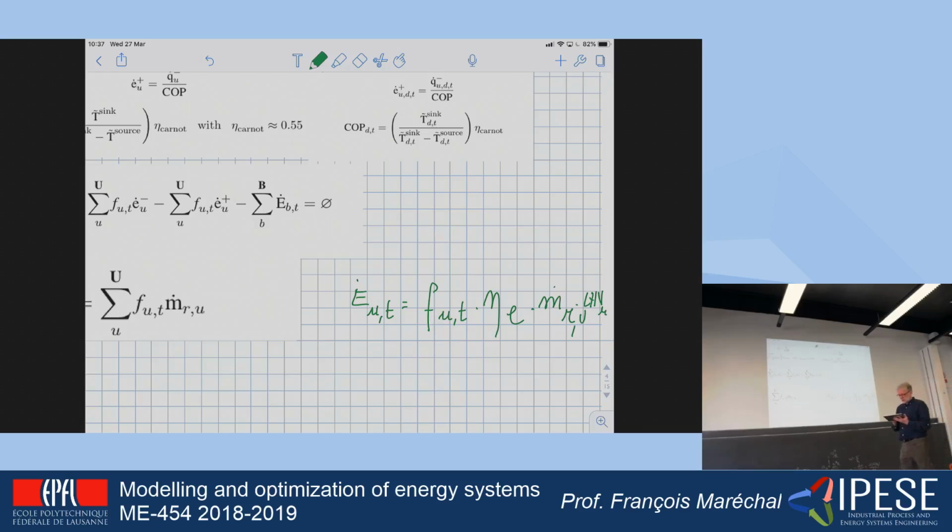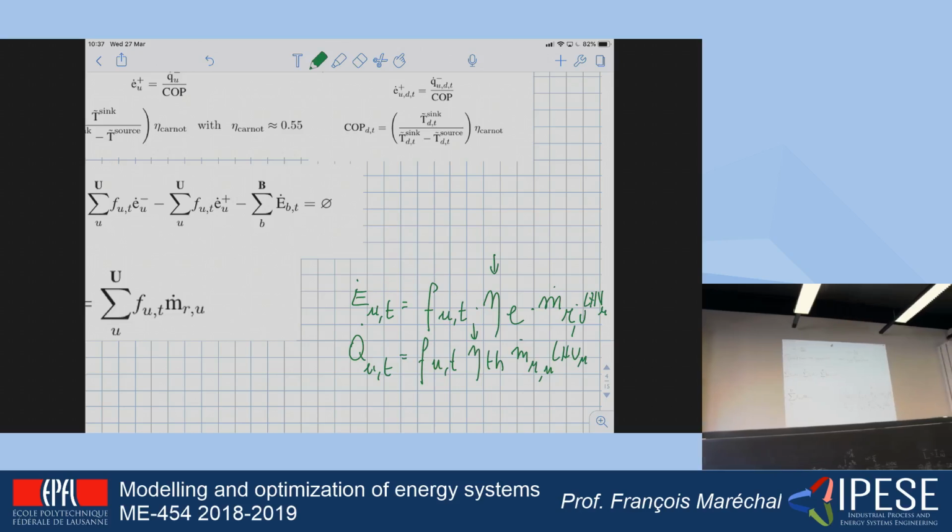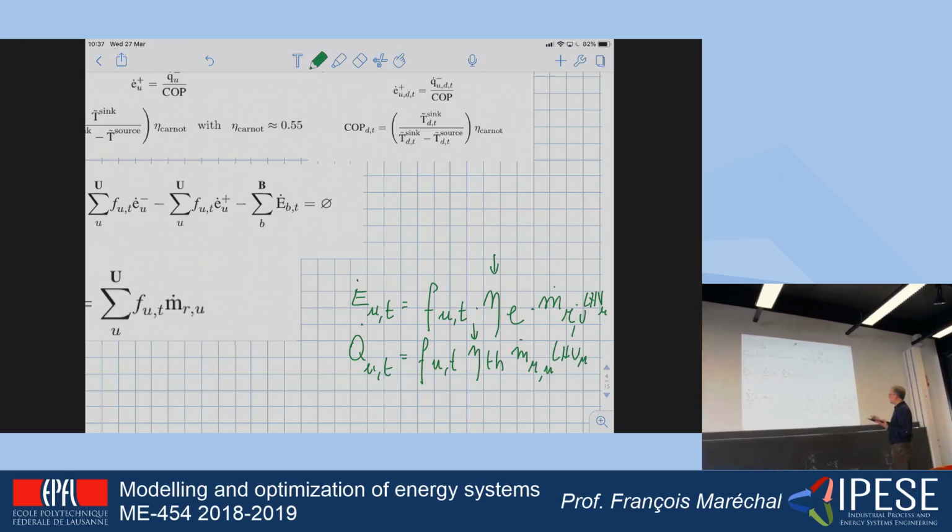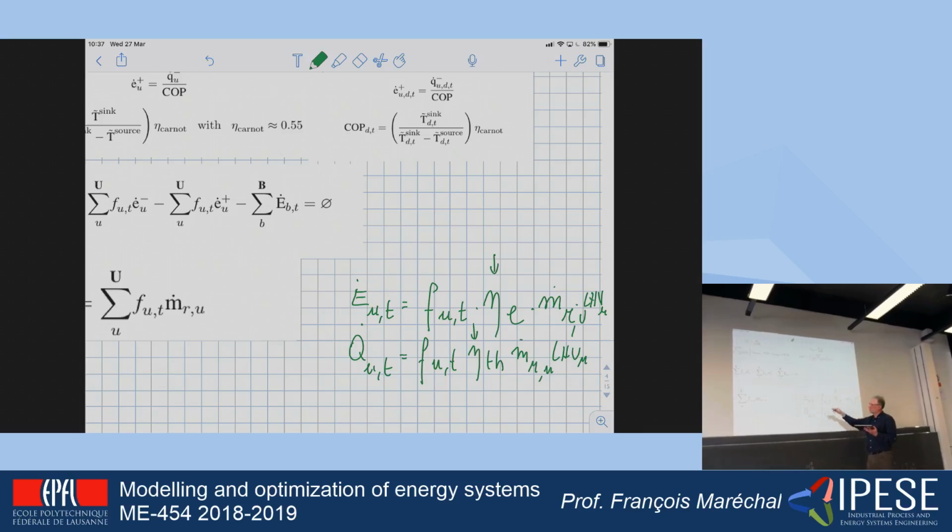Okay? And I would say also that the heat that is supplied by the unit is equal to the multiplication factor times the thermal efficiency times the mass flow of the resource times the lower heating value of the resource. Okay? So it means that as soon as I have the electrical efficiency of the cogeneration unit and the thermal efficiency of the cogeneration unit, I am able to make a link between the flow of the resource, the electricity that will be supplied, and the heat that will be supplied.